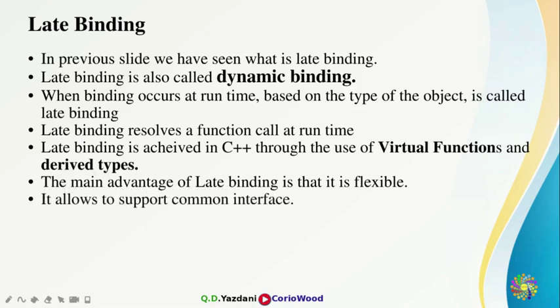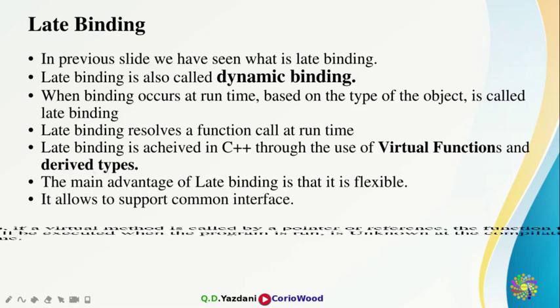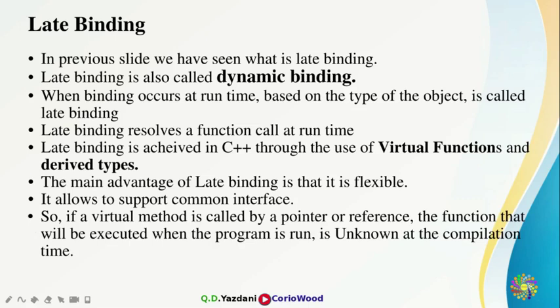Late binding also allows you to support a common interface, as you're going to see in say hello, where we created an interface, and this dynamic binding allows it to support a common interface. To wrap up, if a virtual method is called by a pointer or reference, as I showed you, where we created a pointer and called that method through our pointer or reference, the function that will be executed when the program is run is unknown at compilation time.